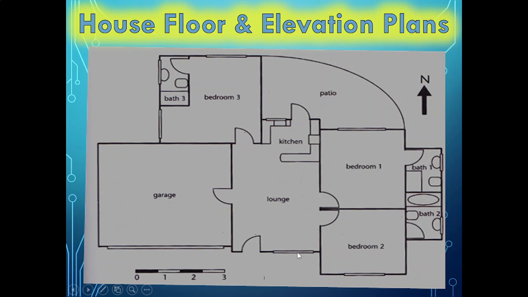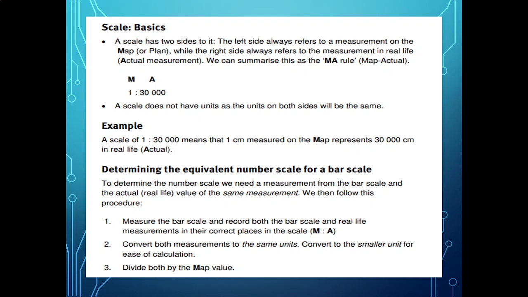There is one window on the south side. The bedroom 2 window is on the south side of the house. So you must understand directions. That's what they mean by elevation plans. But that's for another lesson. I'm just giving you a briefing.